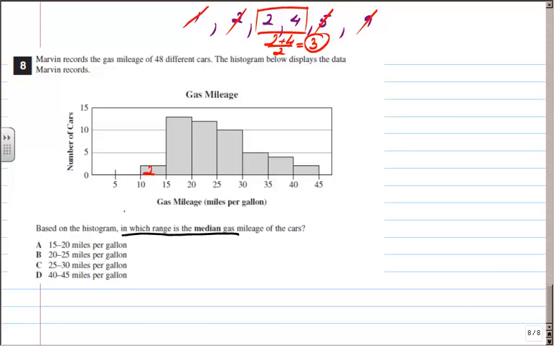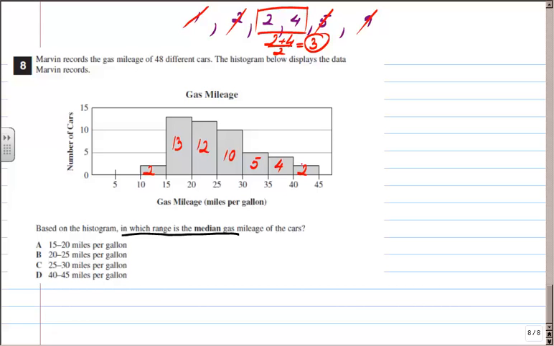It seems to me there are two cars. 15 to 20, we're talking about 13 cars with that gas mileage. 20 to 25, you have about 12 cars. The next one, I have about 10 cars. This one is 5. Next one seems to be 4, and the other one seems to be 2. Okay?